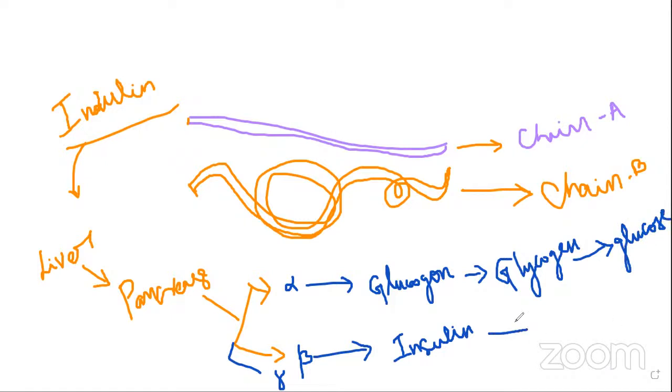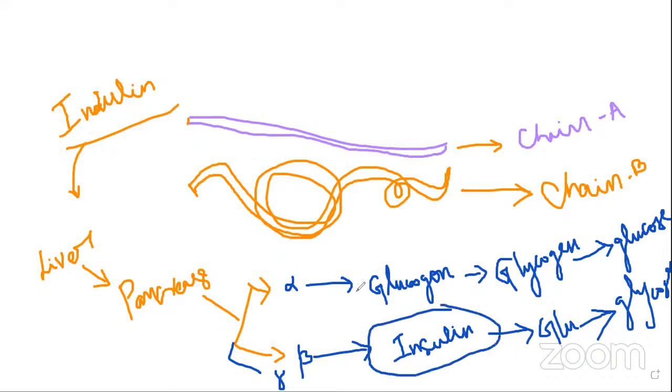But what about insulin? The reversible reaction: glucose converted into glycogen. Why am I telling you this? Here the alpha chain as well as the beta chain are secreted by the beta cell of the islets of Langerhans in the pancreas, which is insulin.